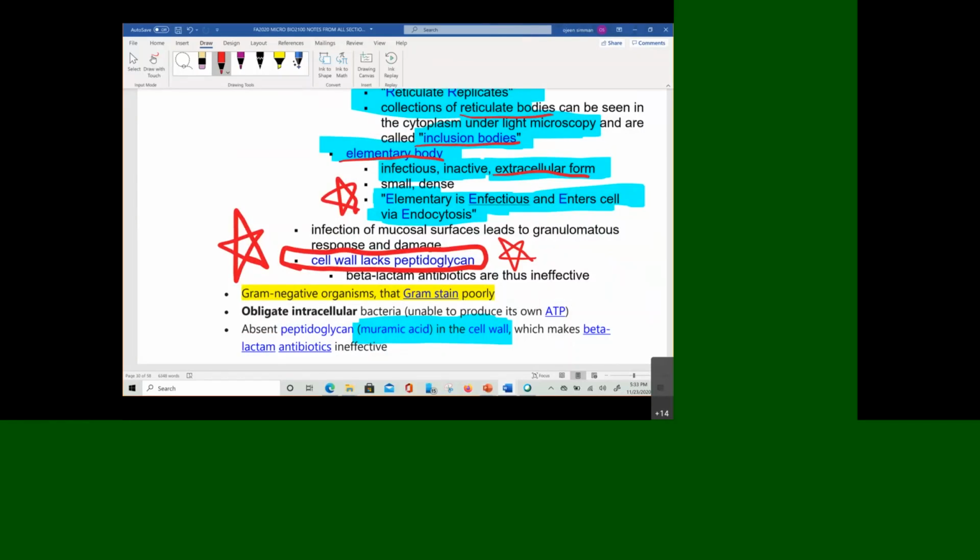It gram stains poorly, but it's considered a gram-negative obligate intracellular bacteria. Another unique feature about the cell wall is that it has no peptidoglycan, but it has muramic acid, which is an amino acid. This is why beta-lactam antibiotics are ineffective.